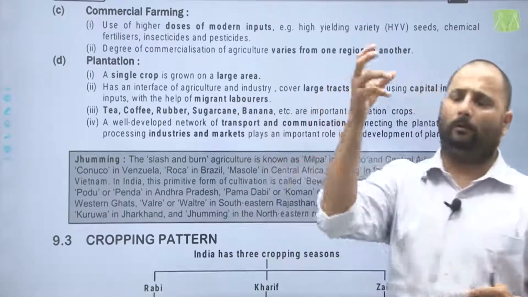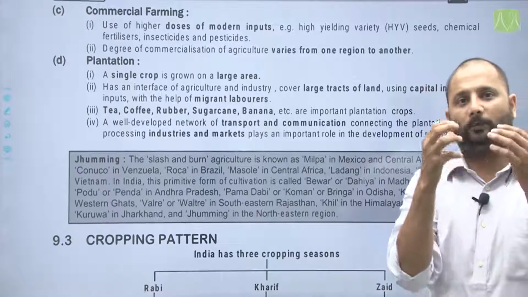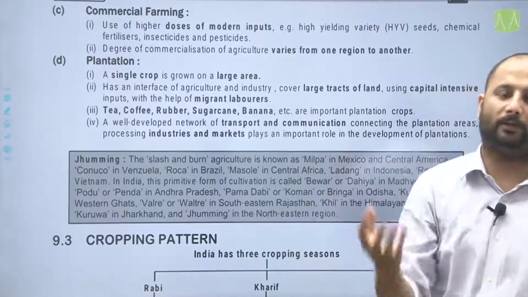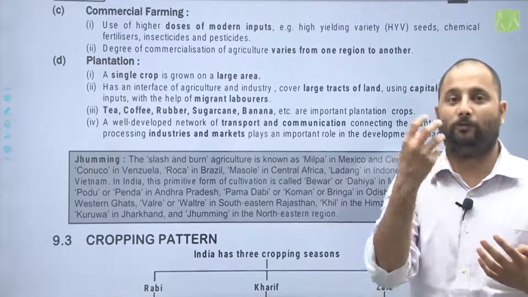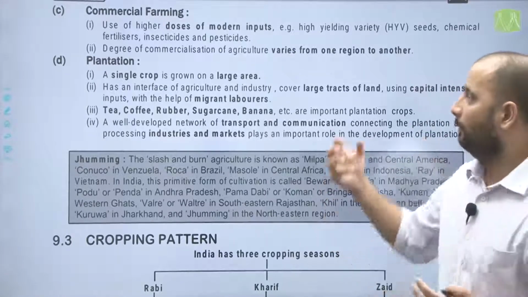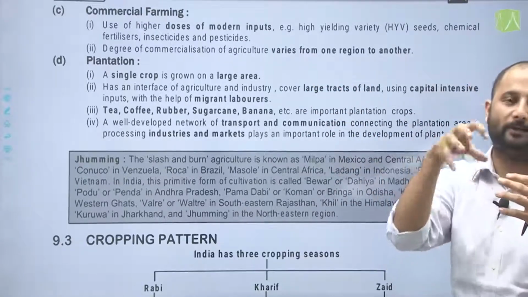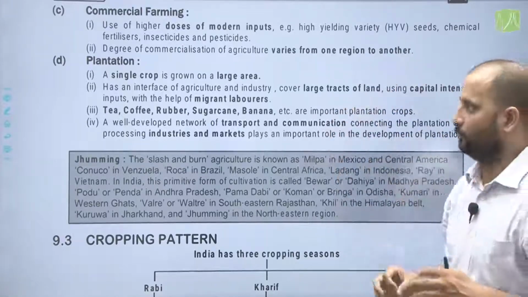For example, as soon as tea leaves are plucked, they have to be quickly processed so that their freshness is maintained. The tea is more expensive because of its quality and freshness, so it has to be processed soon. So processing industries for tea leaves will be located inside those plantations.